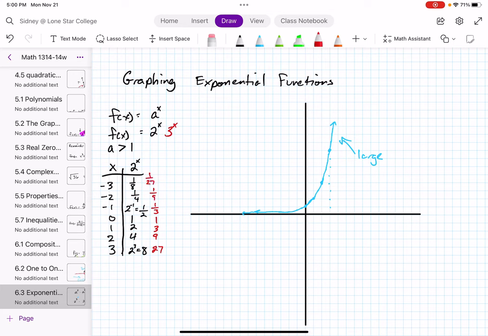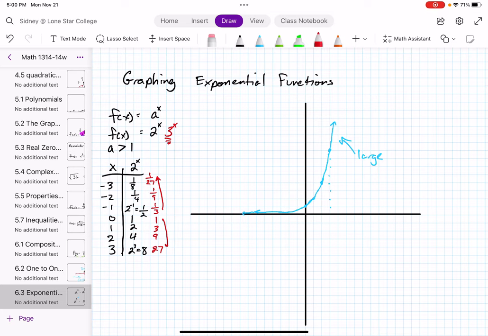When I change that base to 3, my outputs are still all positive. They still get super small the more to the left I go on the x-axis, and they get really large as I go to the right. So any exponential function is going to have this same basic shape. Now, the exact curvature will vary, but they're all the same basic shape.